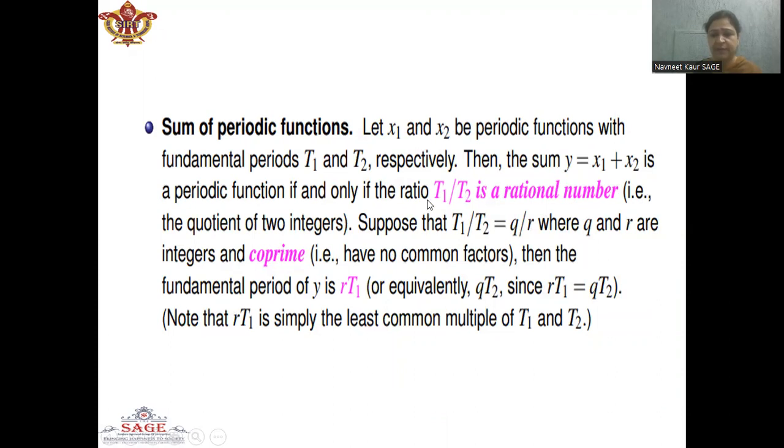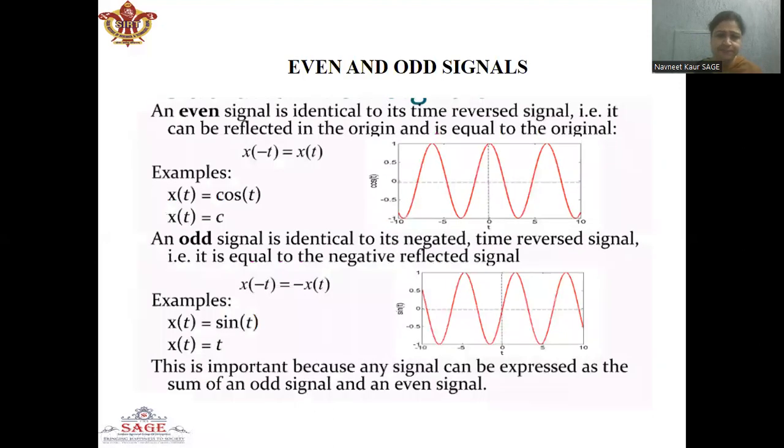That means T1 by T2 is a ratio of two integers. If this condition is not satisfied, then the signal y will not be a periodic signal. And if the signal is periodic, then the fundamental period of this signal y will be the LCM of T1 and T2. LCM means least common multiple.